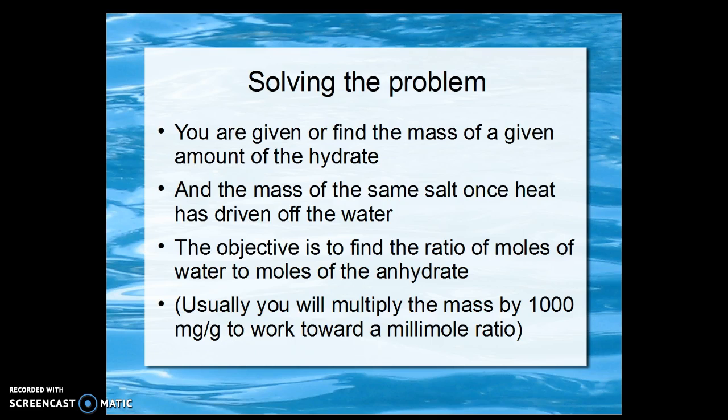You can find the molar mass of the anhydrous salt and find the number of moles. You can find the number of moles of water that's been driven off from the mass that is lost. And we find that it's usually good to work in millimoles, so your masses and your mass change should be multiplied by 1,000 milligrams per gram to get that.